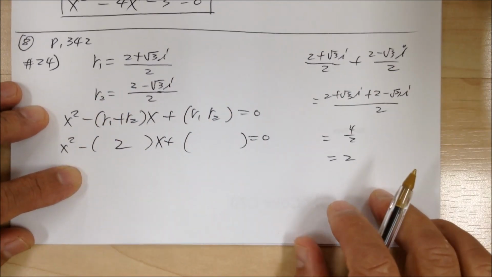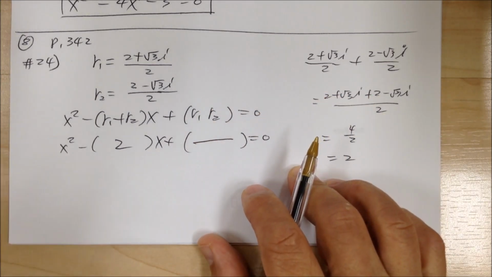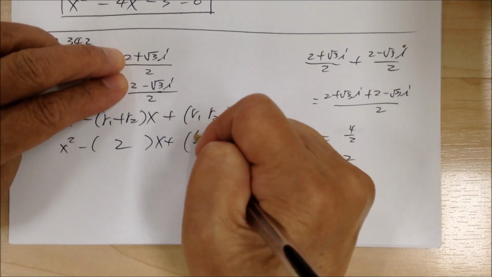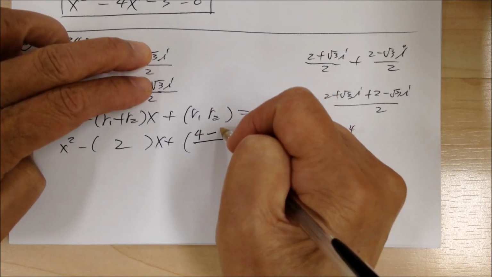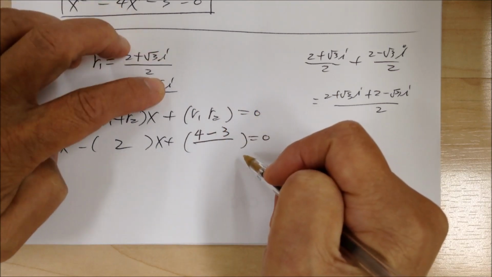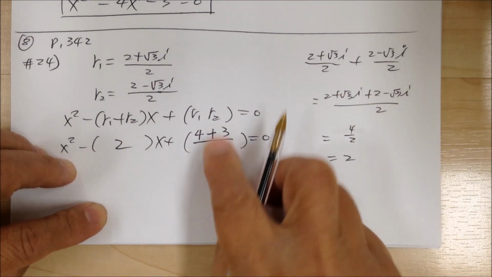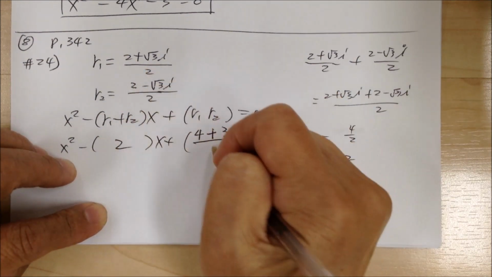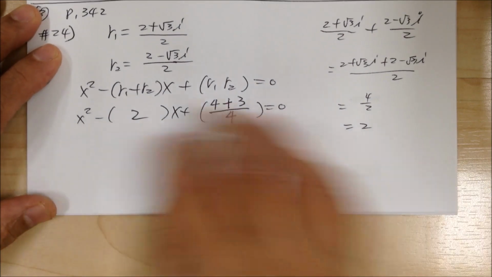Now when you multiply, again conjugates, you multiply the corresponding parts. So 2 times 2 will give you 4, plus times minus will give you minus, square root of 3 times square root of 3 will give you 3, and i times i is negative 1, so this becomes plus. Then on the bottom, 2 times 2 is 4. Next step, let's work it out.